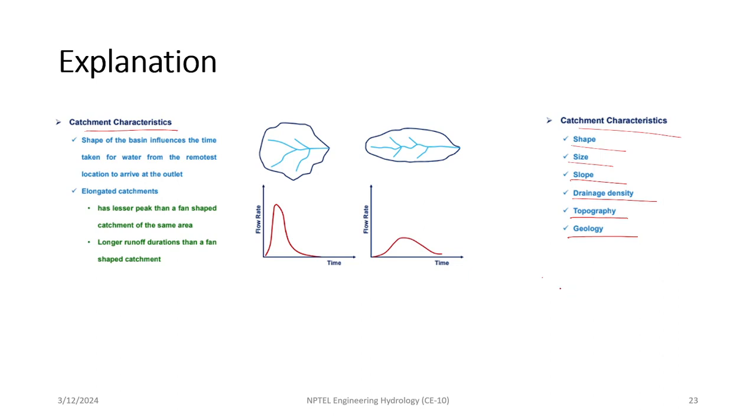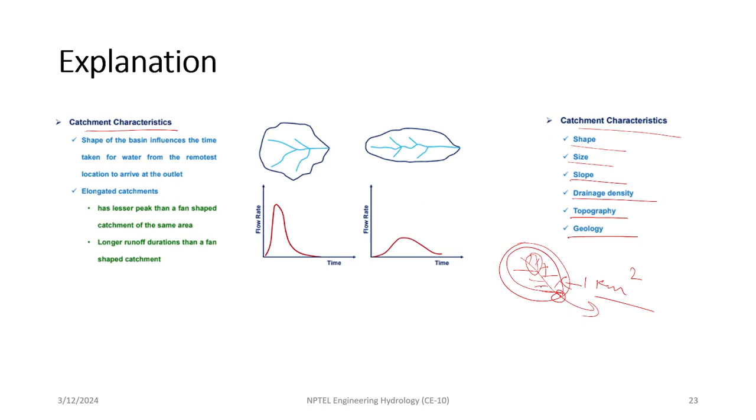If I say this is a catchment and the streams are too many, in only 1 kilometer square of area, and the drainage density is more, then definitely there is more possibility of water getting to the final outlet point.